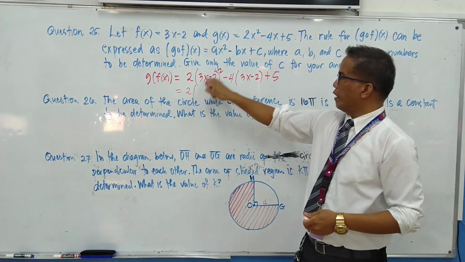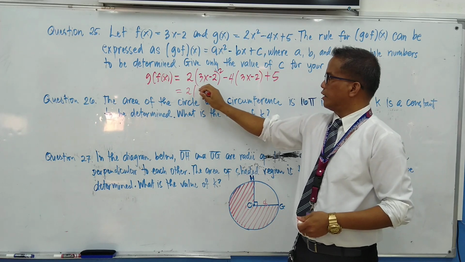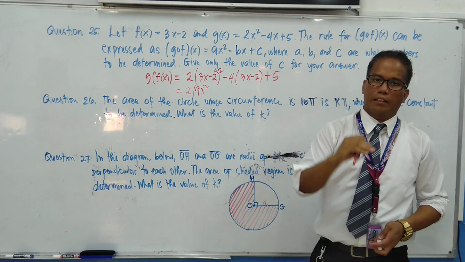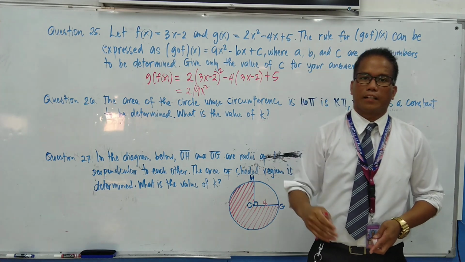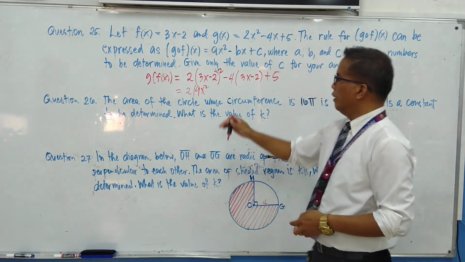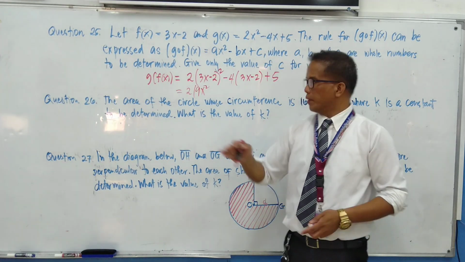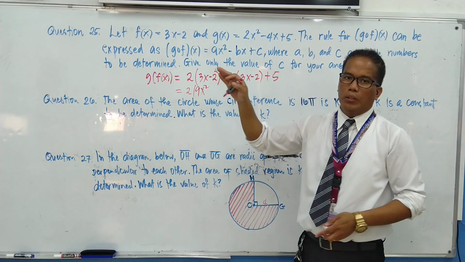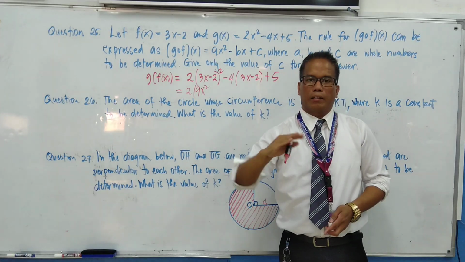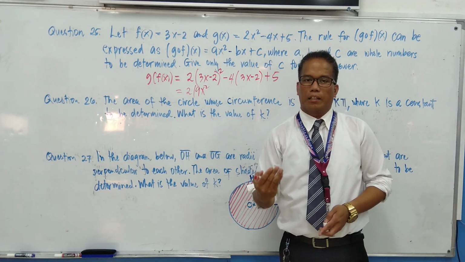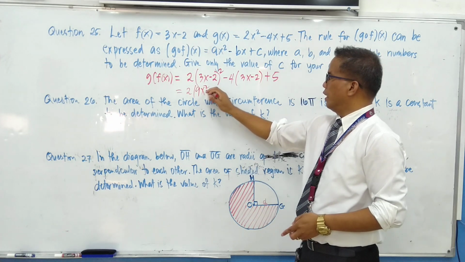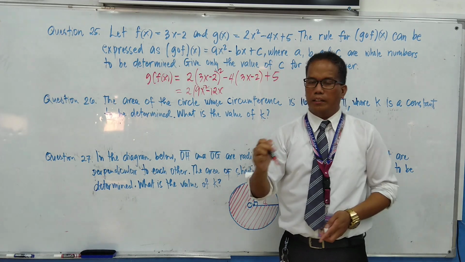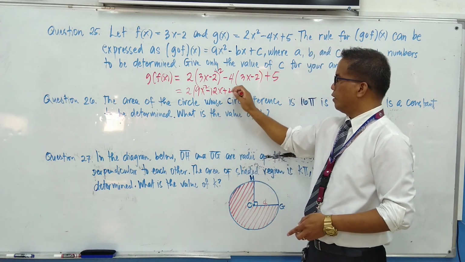First term raised to the second, so the answer is 9x squared: 3 times 3 is 9, then x raised to the second power is x squared. Then to find the middle term, 3x times negative 2 times 2. So 3x times negative 2 is negative 6x, and then negative 6x times 2 equals negative 12x. Then negative 2 raised to the second is positive 4.